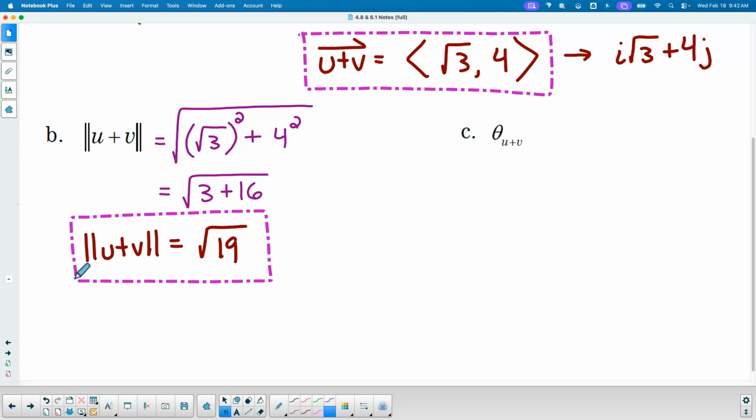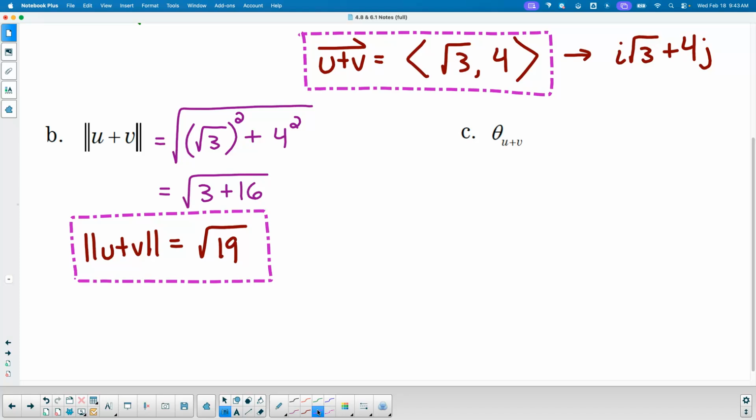The direction angle of u plus v, which quadrant is it in? It's in quadrant 1. So the direction angle is actually the reference angle.